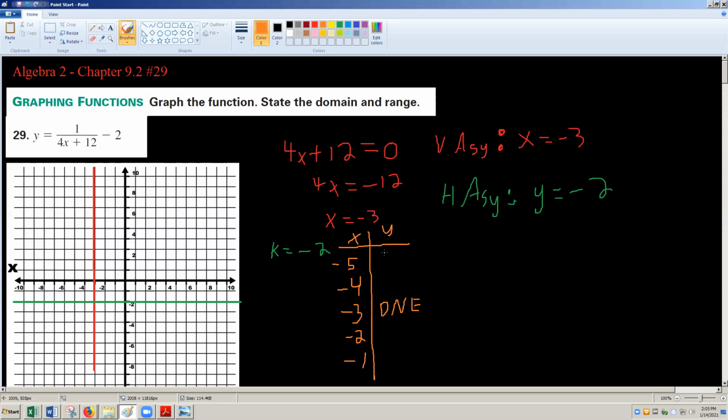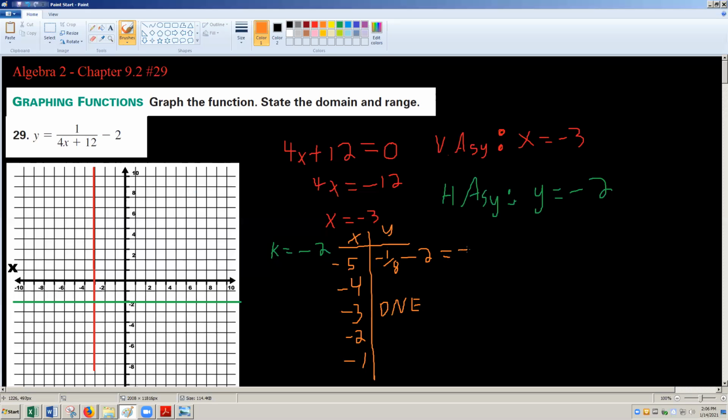So let's plug in negative 5 and see what happens. If I plug in negative 5 into this equation, what's going to happen? I'm going to get negative 5 times 4 on the bottom. So negative 5 times 4 is negative 20. Now I have negative 20 plus 12. Negative 20 plus 12 gives me negative 8. So now I have negative 1/8, and then I have minus 2. And I say, okay, well, what is that?